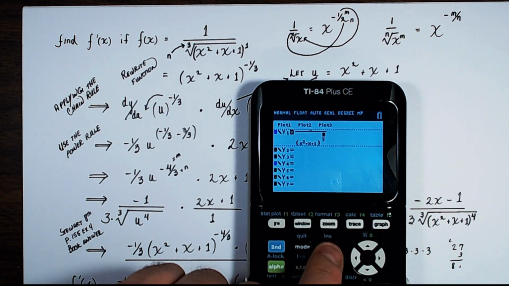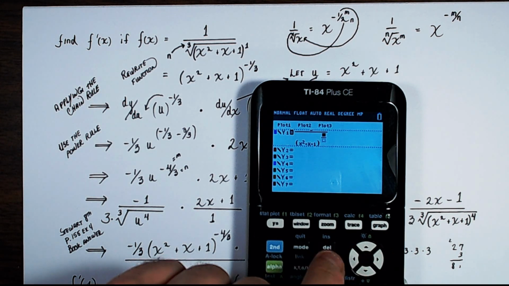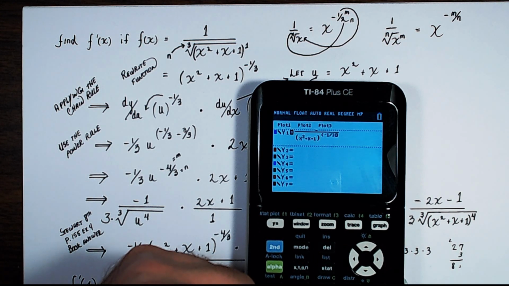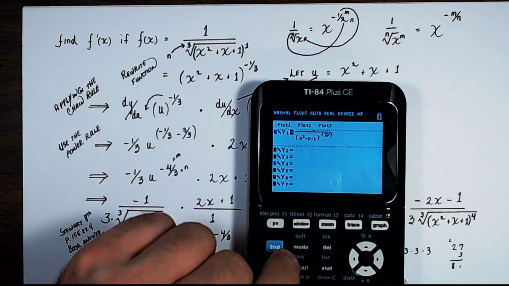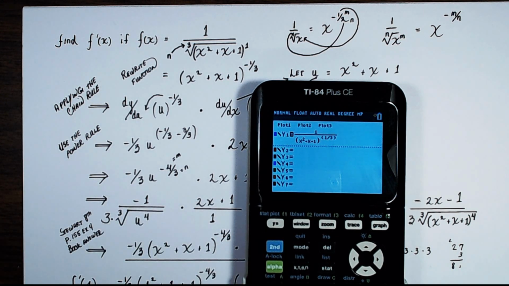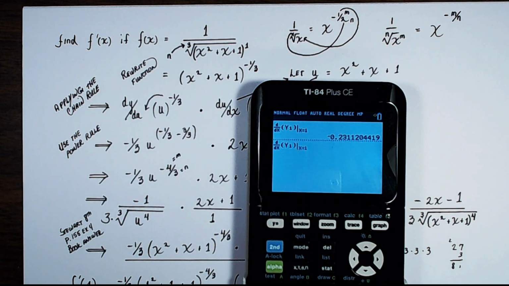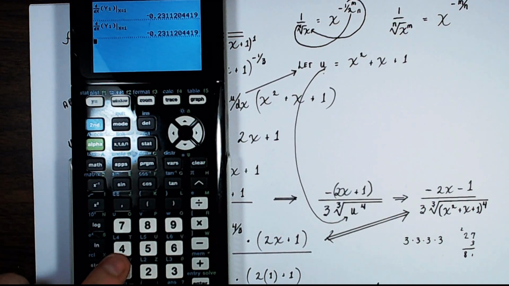Let me try putting in negative 1/3. Oh no, not negative 1/3, just 1/3. And then second mode, do that again. Negative 0.23. What did I do wrong? Did I do this division wrong?